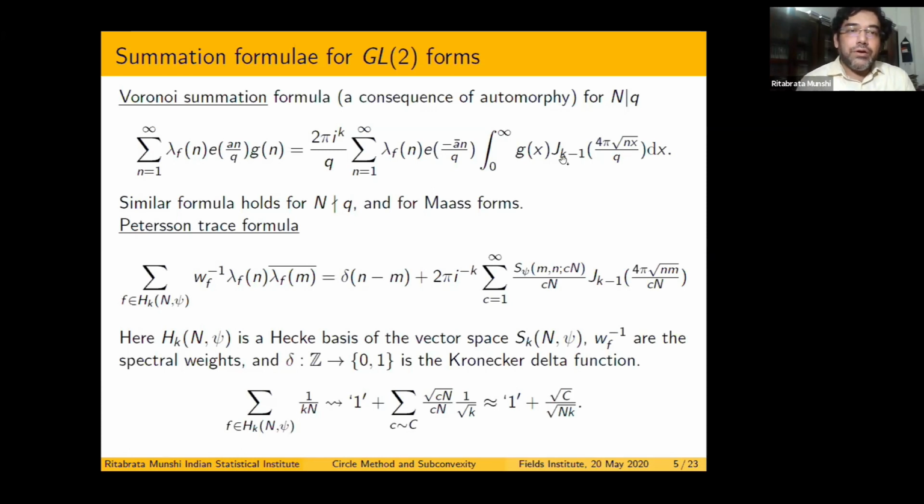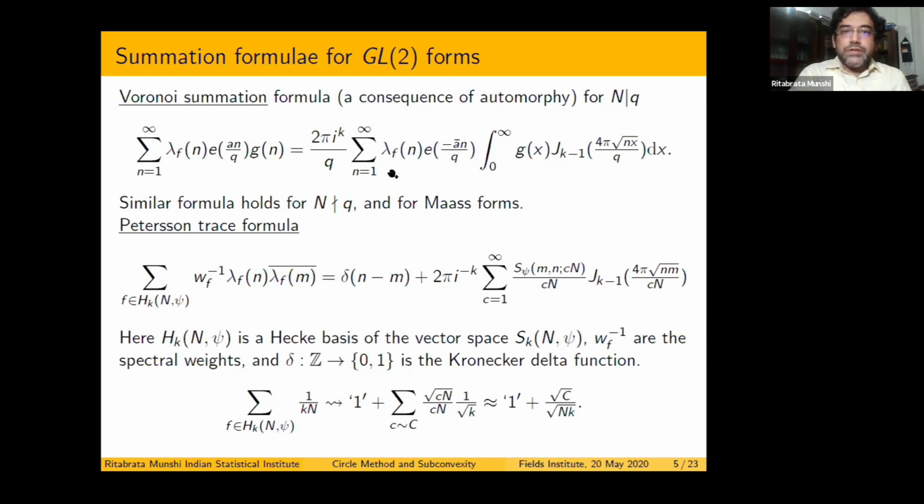And we have such a formula even in the case where N does not divide q. Then it looks a little complicated. There are certain situations where we may not have such a nice formula. For example, if N is p squared and p divides q, but p squared doesn't divide q, then the formula is not really that clear.